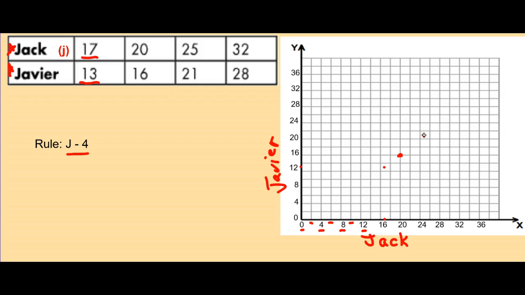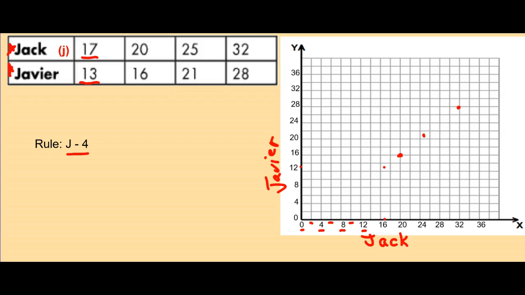And then 32, 28. So 32 and 28 is right there. Now, if we've plotted our points correctly, everything should end up being in a straight line.